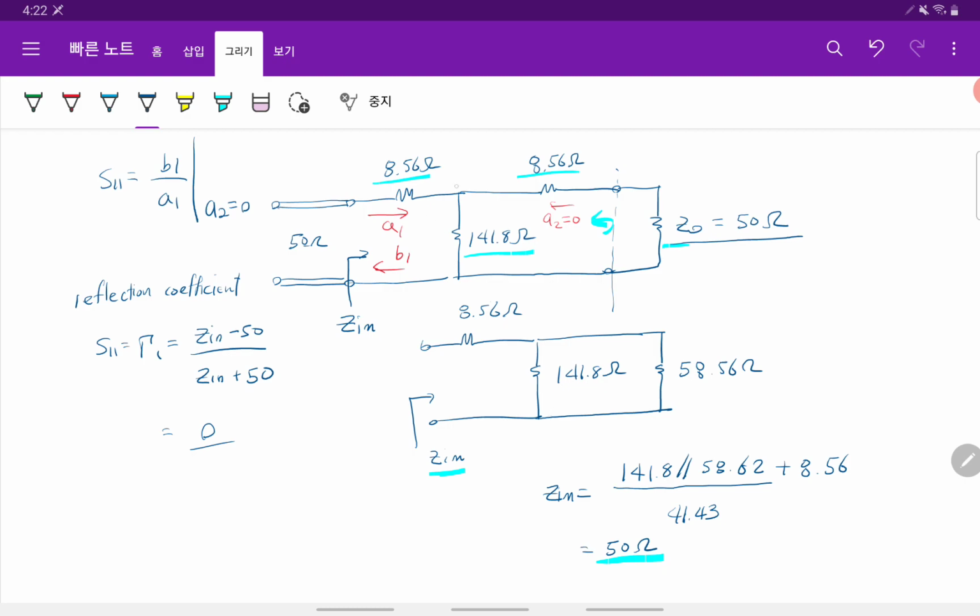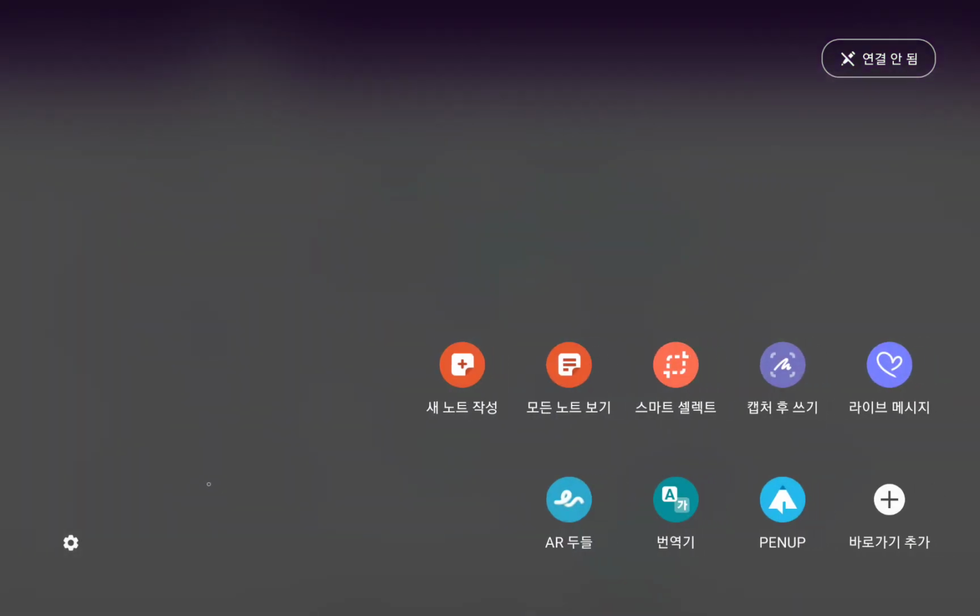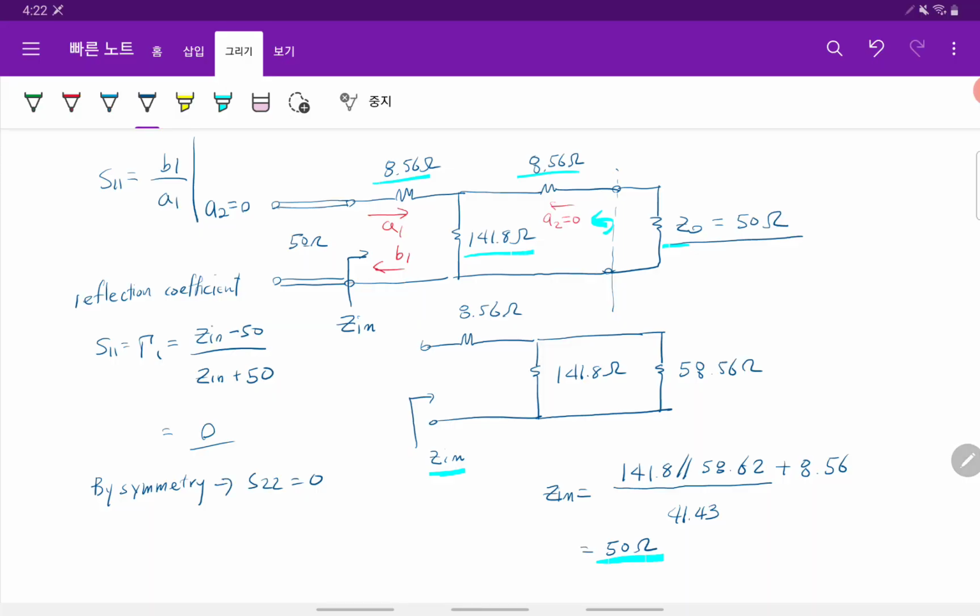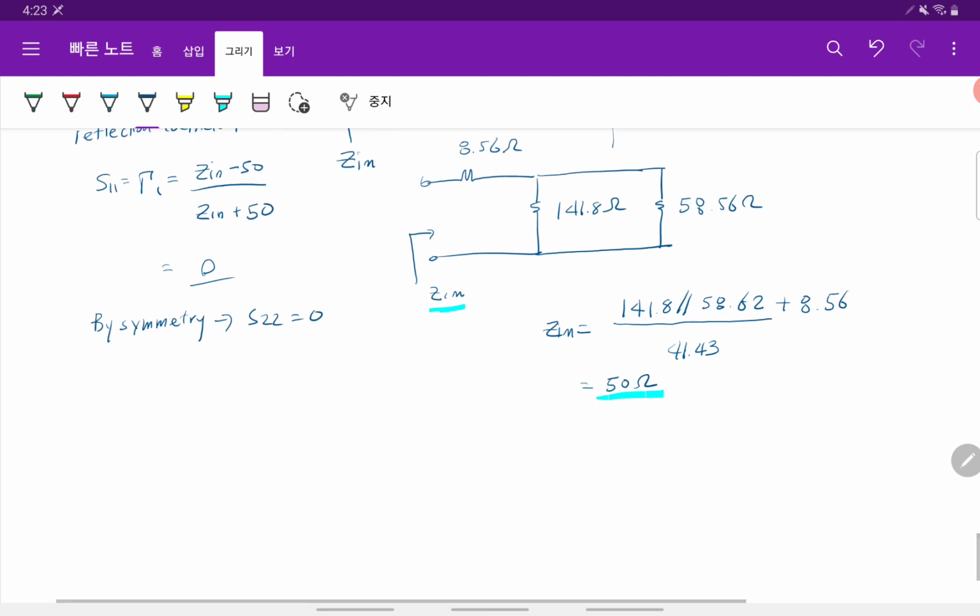And because this structure is symmetric, S22 also should be 0, right? Alright, so which is good. S11 and S22 are 0.